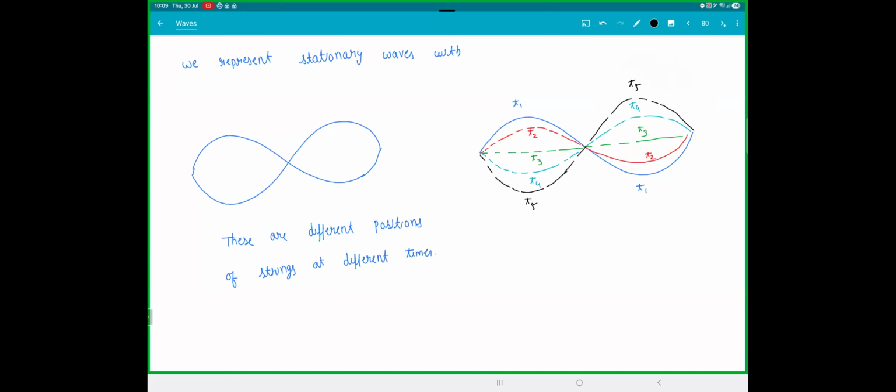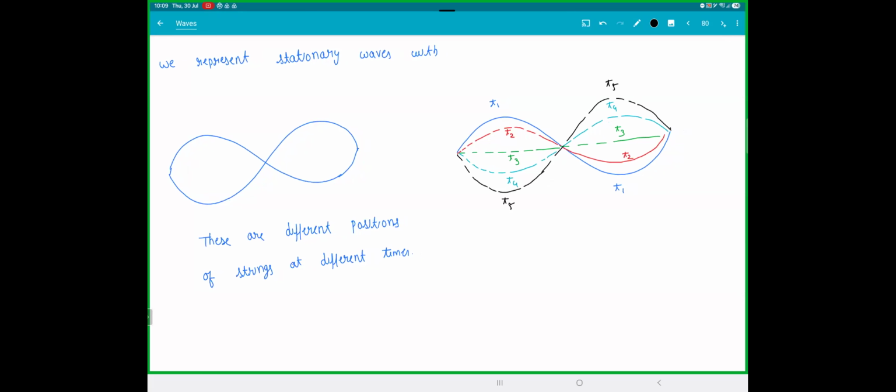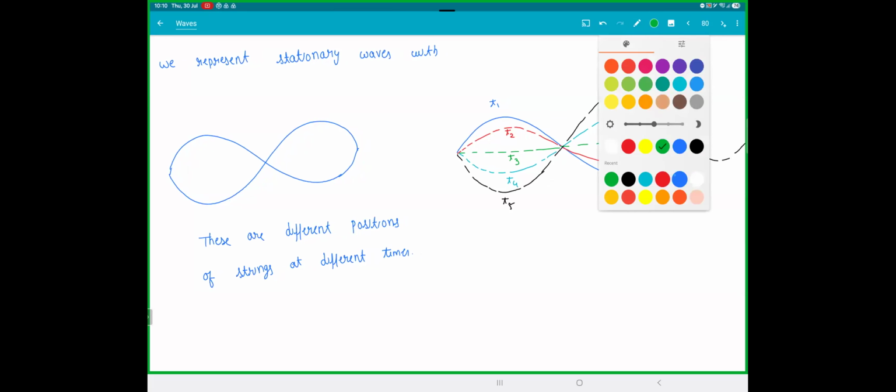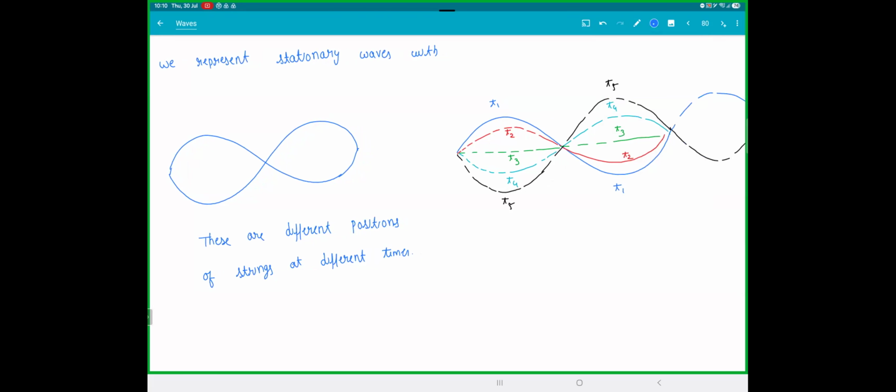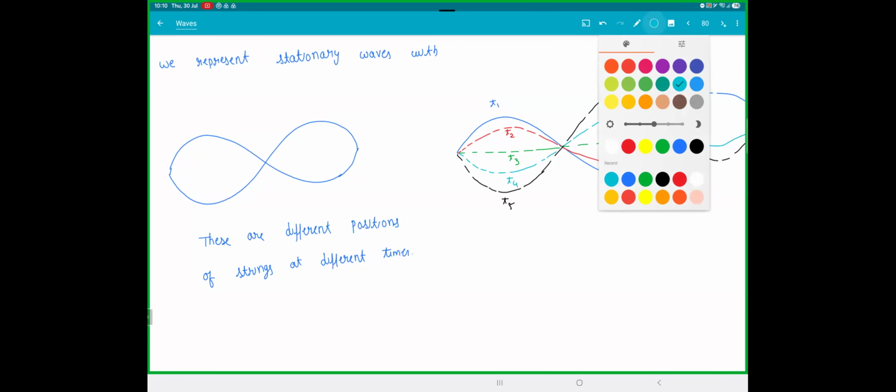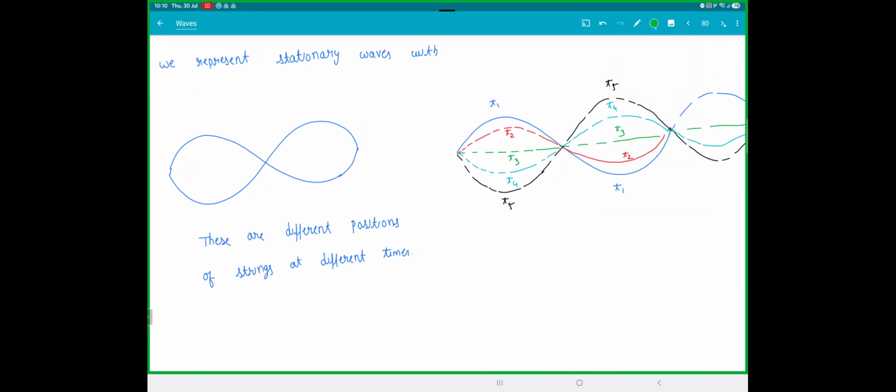Is this making sense, everyone? Right? Meaning if I actually continued one more loop here, you will notice something. There are a few points here.